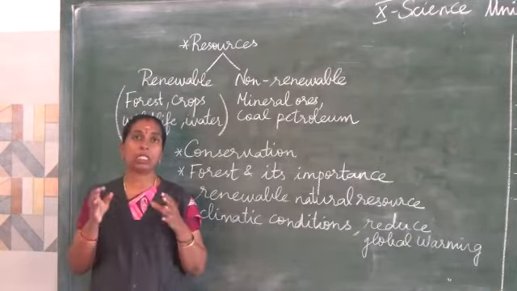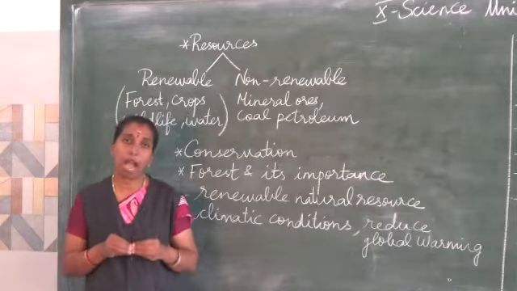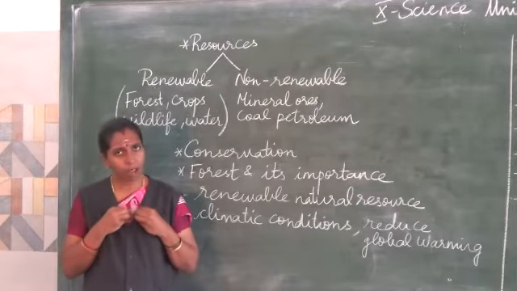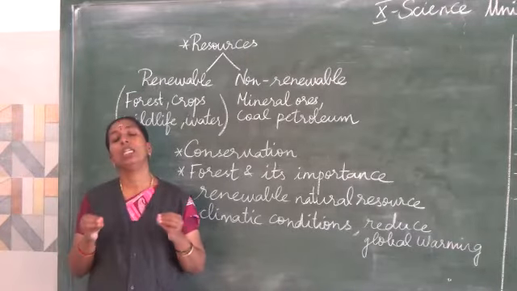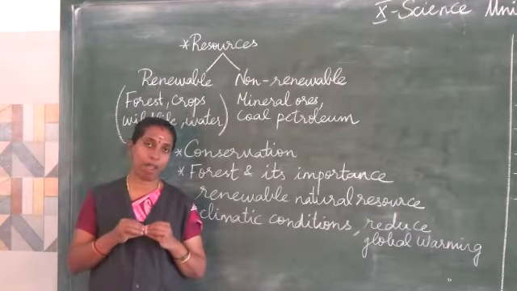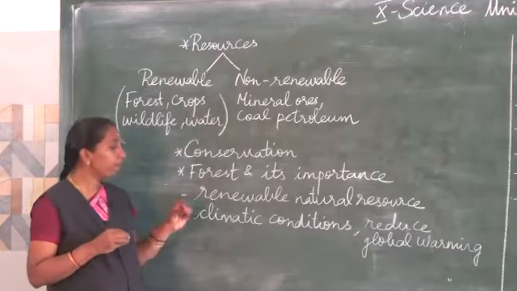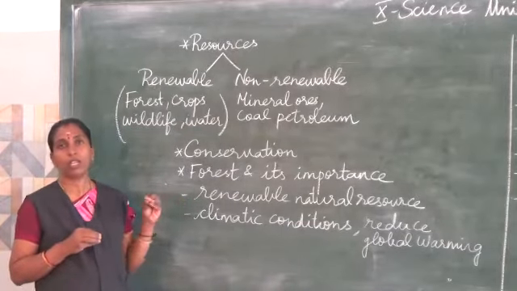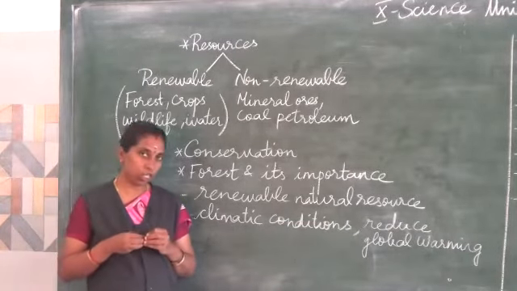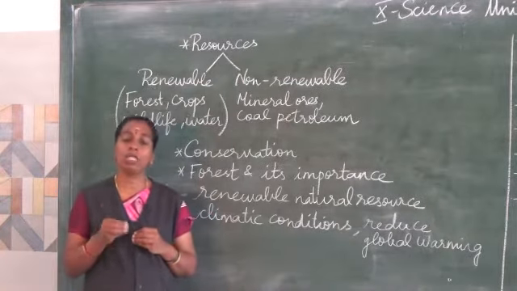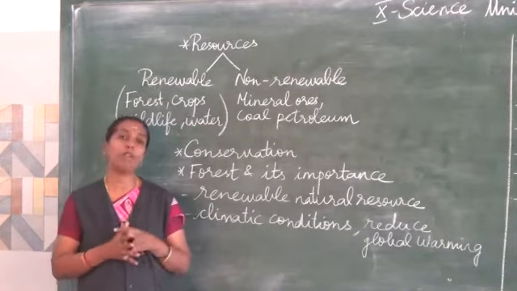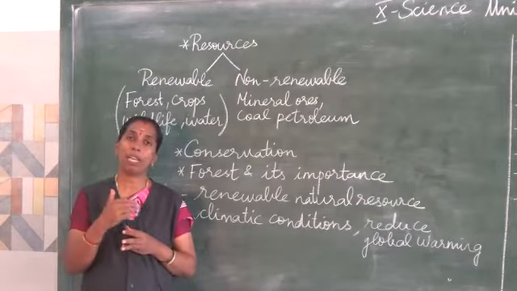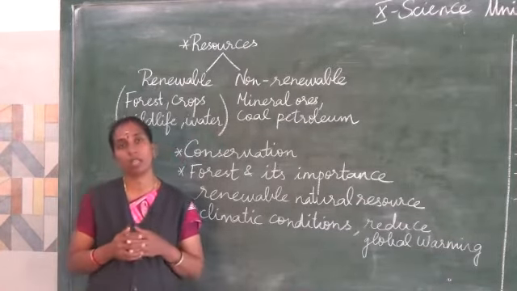Because it is a place for survival for all, right from microorganisms to large species. Now, deforestation is cutting off trees. Due to this deforestation, the climatic conditions may become worse.